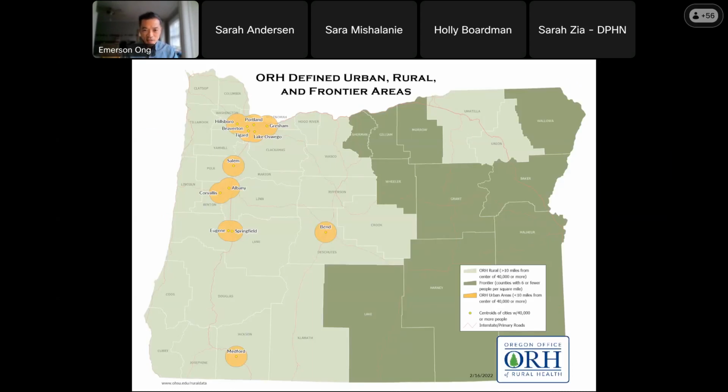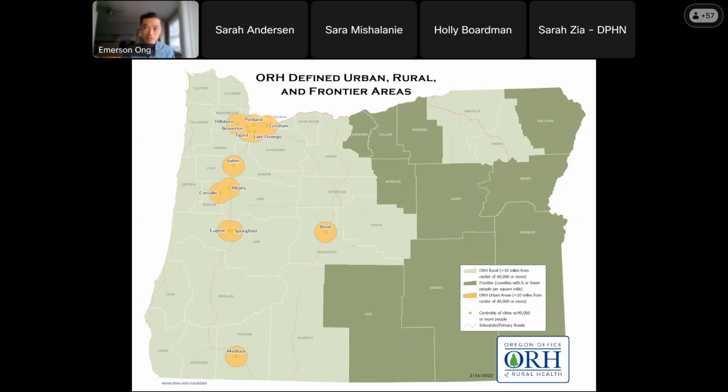So this is a map of our office's definition of rural. Rural is any place that is 10 or more miles from a centroid of 40,000 or more. So on this map, the buffers in yellow are urban, and then the counties that are in darker green are frontier.